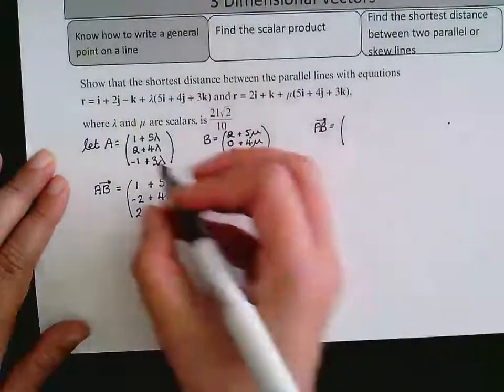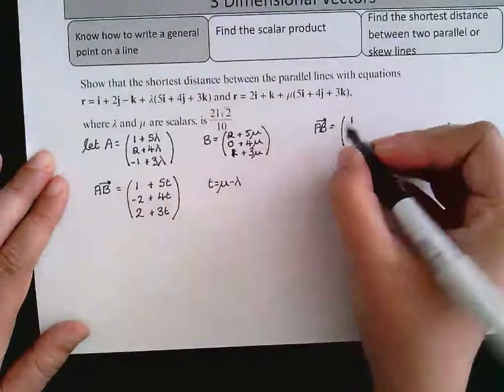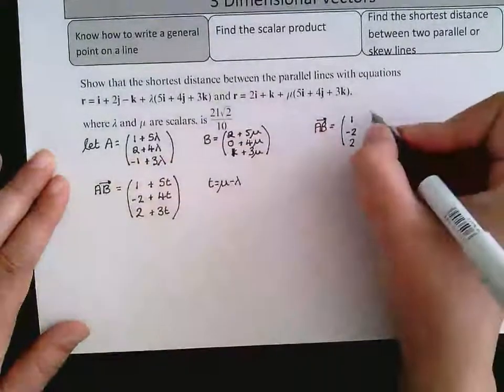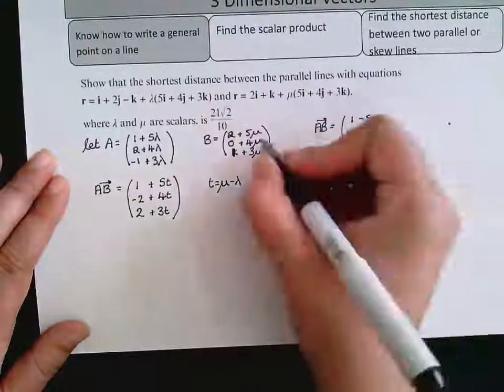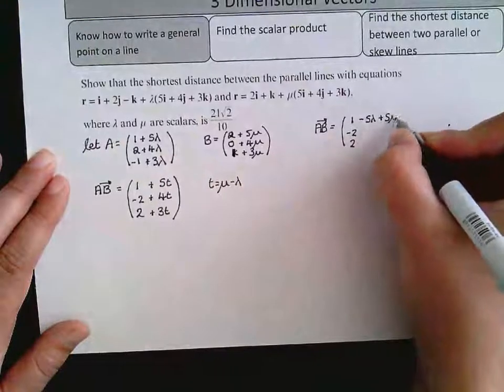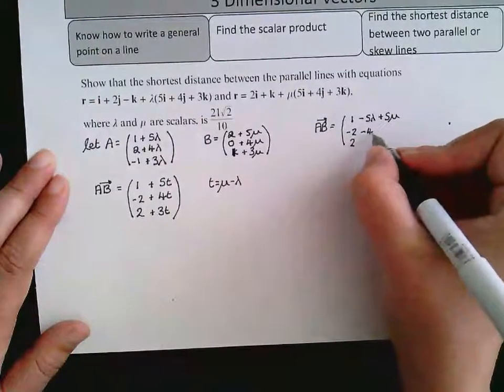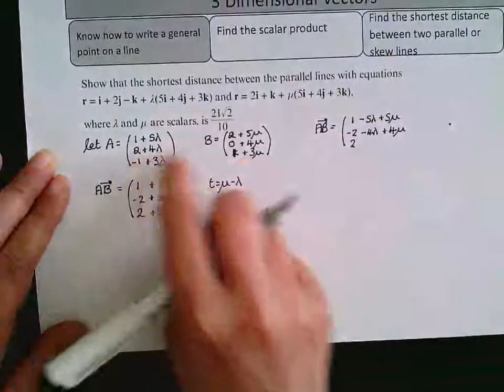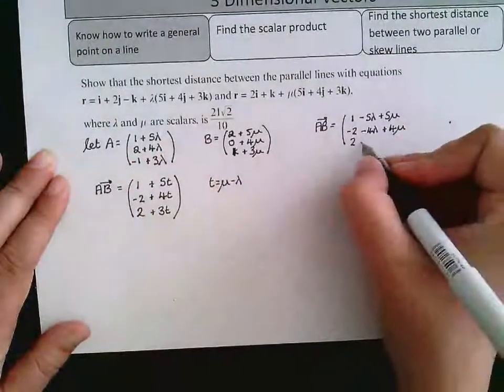But if they're parallel, again, I'm still going to have the same numbers at the front. But I've got to get rid of this one here, and I'll be adding on this one. Again, removing the lambda, adding the mu, because I've got to get from this one to that one.